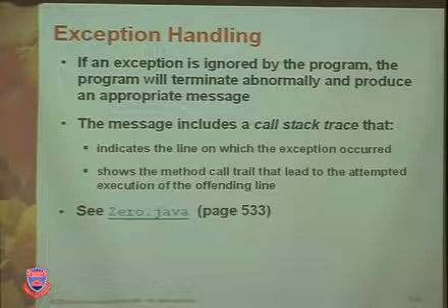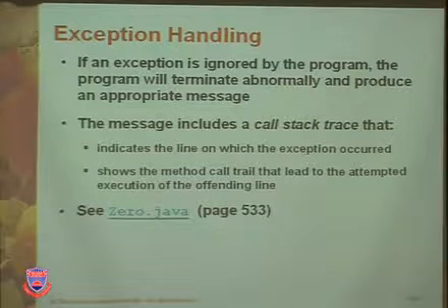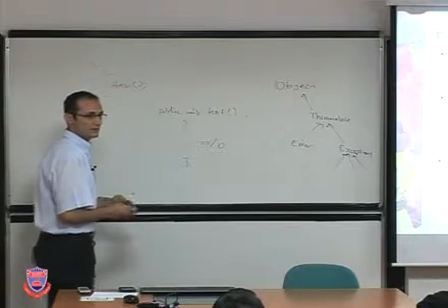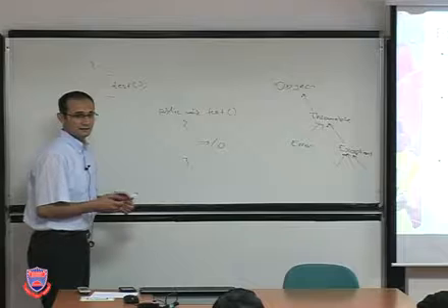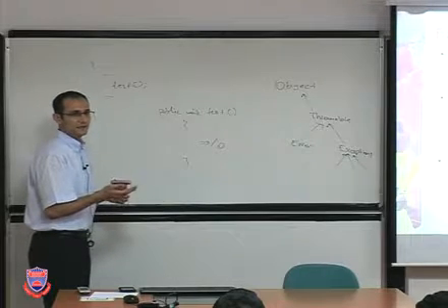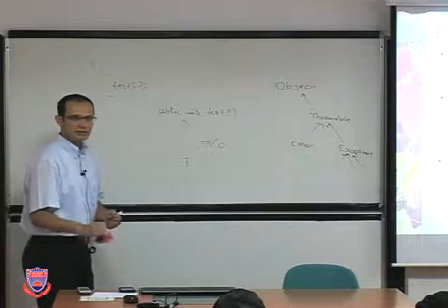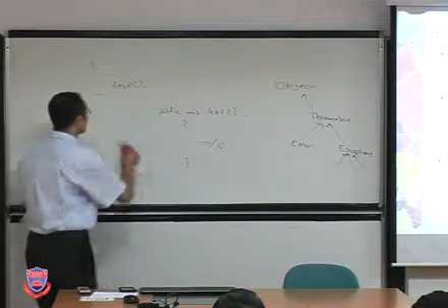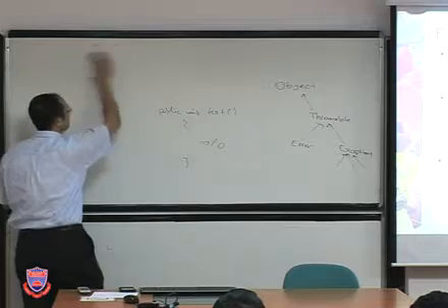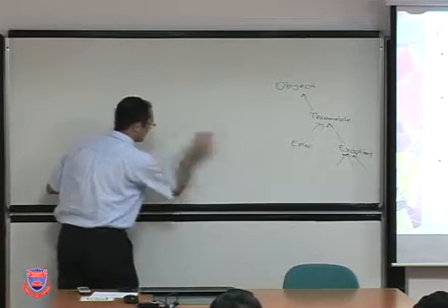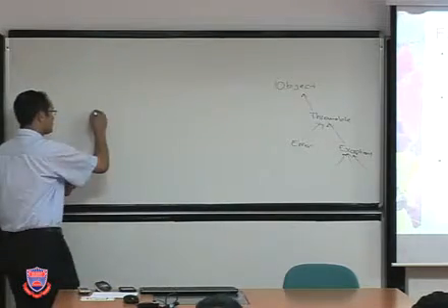So for example, the call stack. What we mean by the call stack is that, what's a stack? For example, a stack of, let's say, plates. So you have a stack of plates that are sitting on one another. So basically, a stack is something like this.